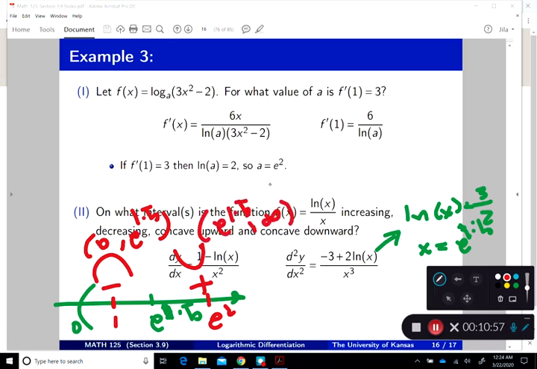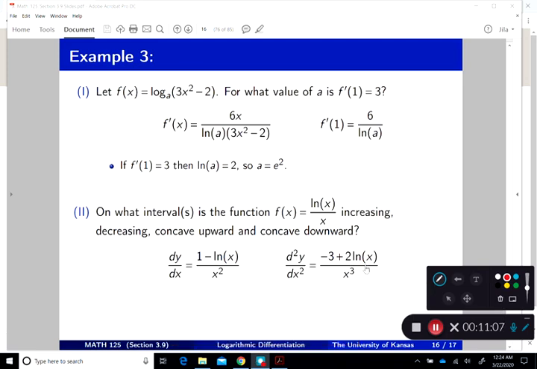So these are good questions on the process of finding the derivative of a logarithmic function. Next, I want to discuss implicit differentiation, where we also have some logarithmic differentiation going on at the same time.